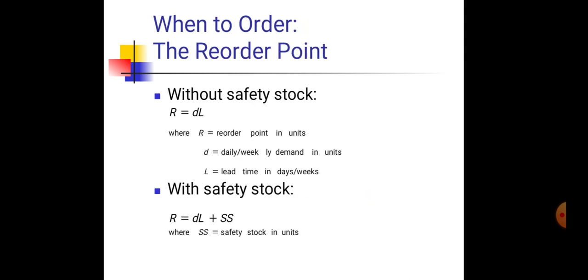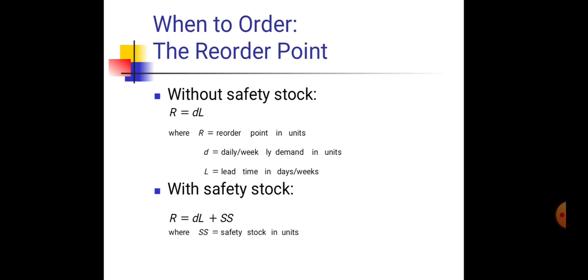Then when to order? This is also important. If there is no stock, you have to order whenever there is a shortage of material. R is the reorder point in units. It equals daily or weekly demand in units times lead time.